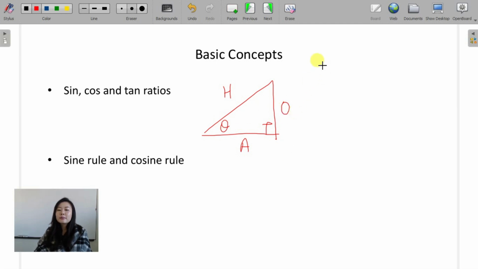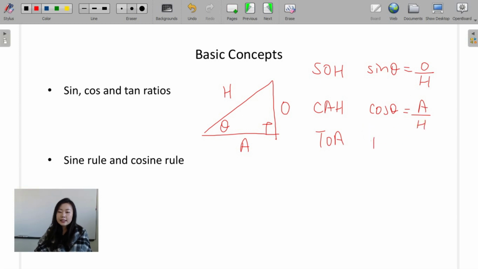Remember SOHCAHTOA? I'm pretty sure you would have seen that in Year 9, Year 10. So sine is opposite over hypotenuse, cosine is adjacent over hypotenuse, and tan is opposite over adjacent. I'm assuming you know the basic trig ratios at the least.